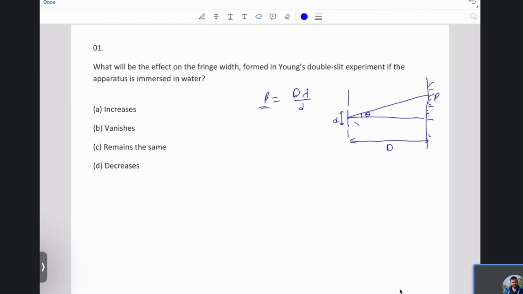Now, if you're changing the medium, what will happen? You know that for a different medium, the wavelength of light changes, right? And it changes by this formula.